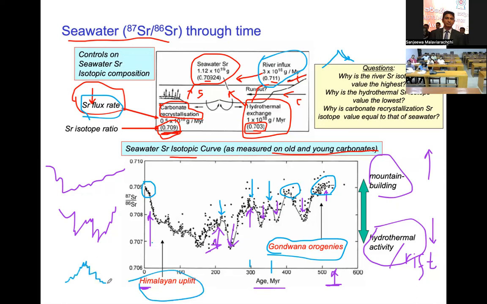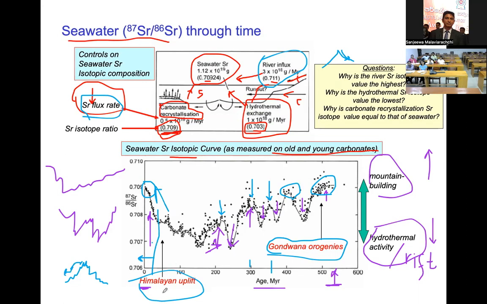Upliftment means you are increasing the elevation, increasing the mountains. So gradually the sediments coming out from there as a result of erosion have also increased during the recent past. Maybe the last 50 million years or so, from here to here you can see seawater isotopic composition increasing, an increasing trend because of this Himalayan uplift.